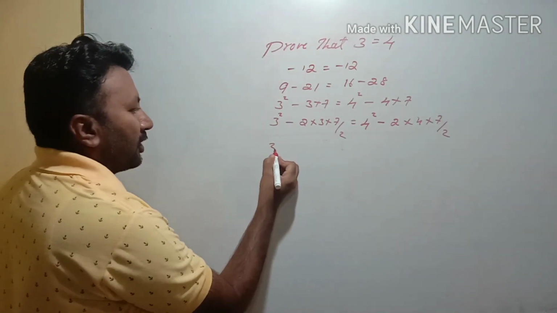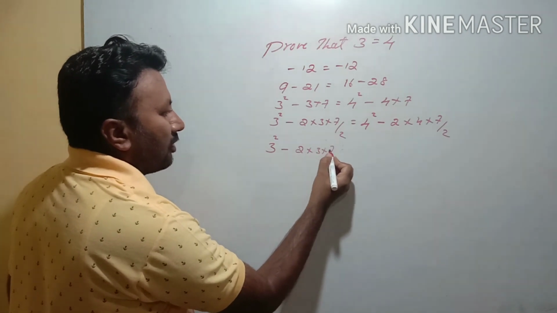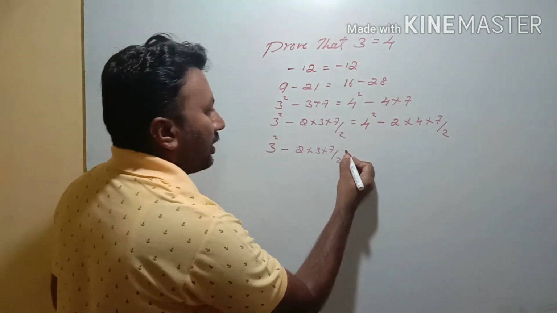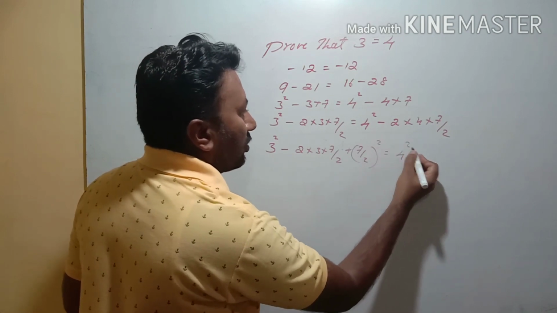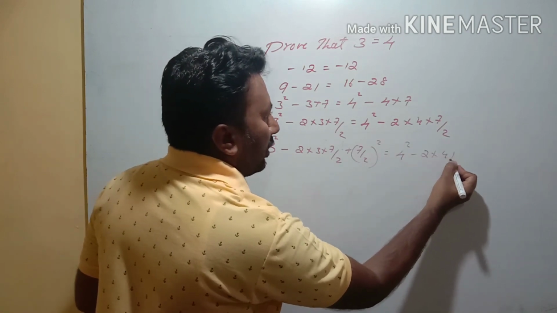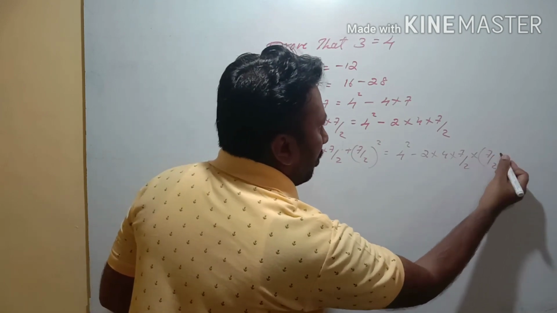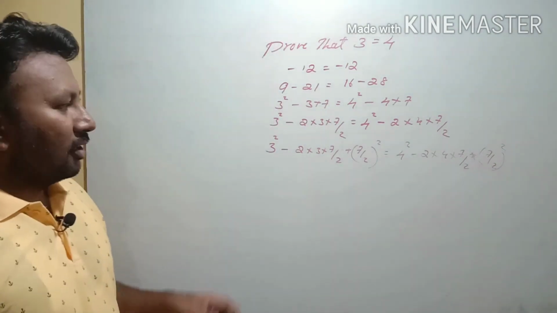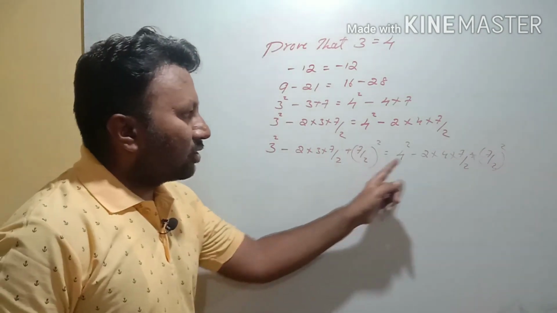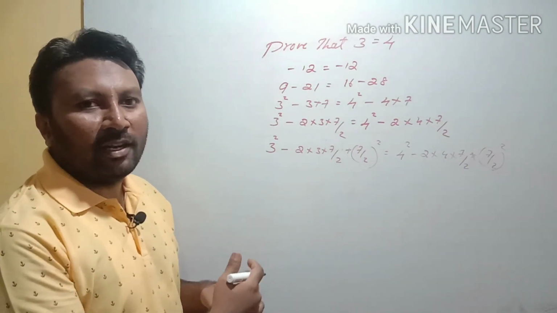Now the next step, 3 square minus 2 into 3 into 7 by 2 plus 7 by 2 whole square, which is equal to 4 square minus 2 into 4 into 7 by 2 plus 7 by 2 whole square. It is plus. Now see, 7 by 2 whole square is added in both LHS and RHS, and again the value doesn't change.